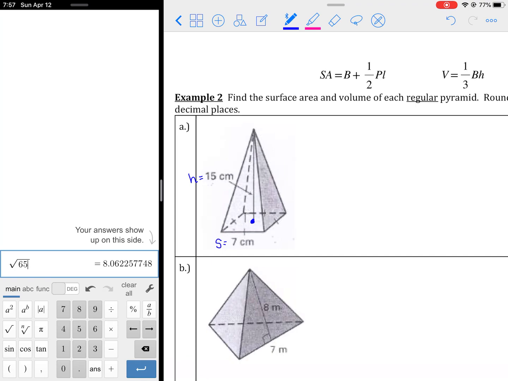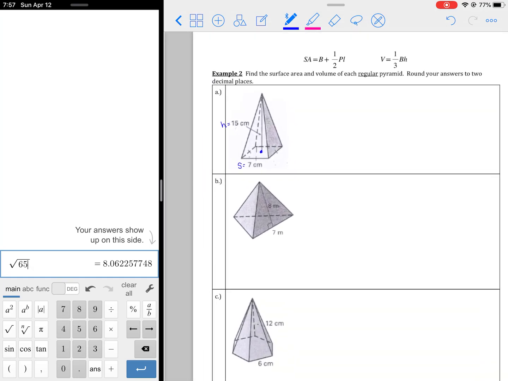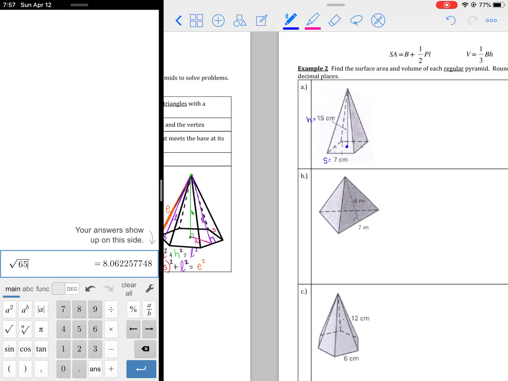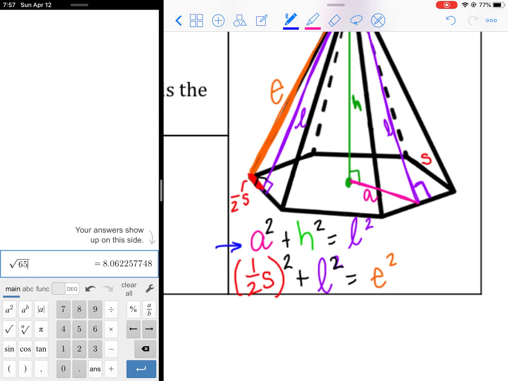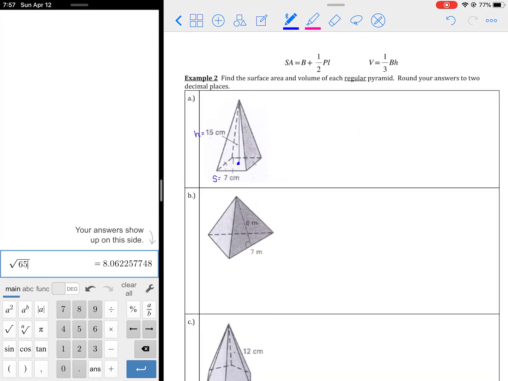The thing that I don't know is the slant height. To find the slant height, if I go back to those Pythagorean theorems, I need the slant height and I was given the height. So for slant height and height, that's going to be this first one: a squared plus h squared equals l squared.